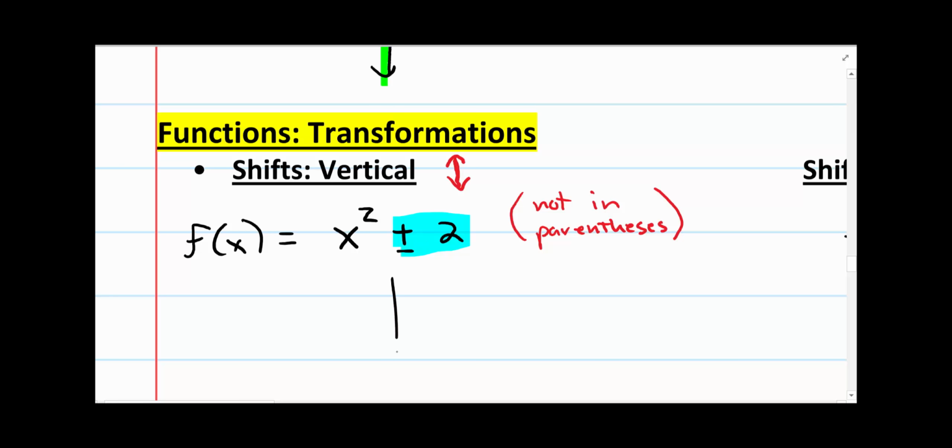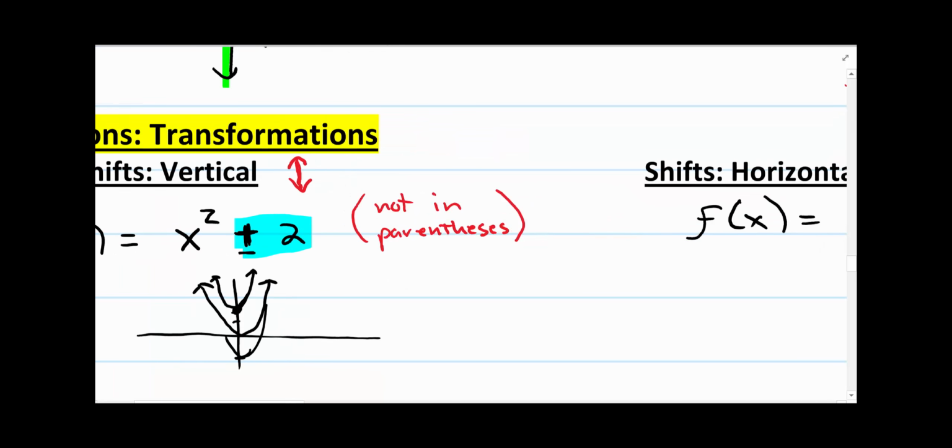So for an example, if this original function is x squared, this shifted function right here would be up here at 2. So vertical shifts, the number's on the outside of parentheses, and whatever the sign is in front of it, that's what you're going to do. Originally I had +2, so this would be going up 2. If that would have been subtract 2, we would have started down here and gone up.